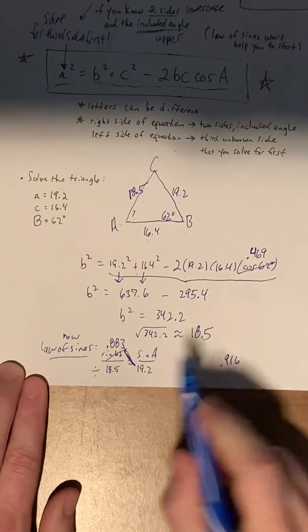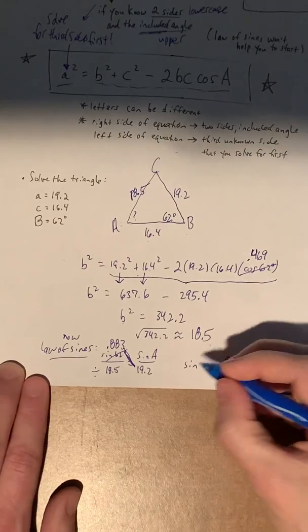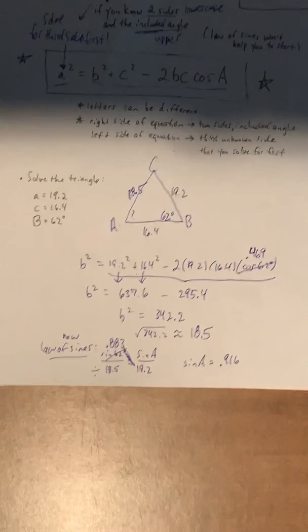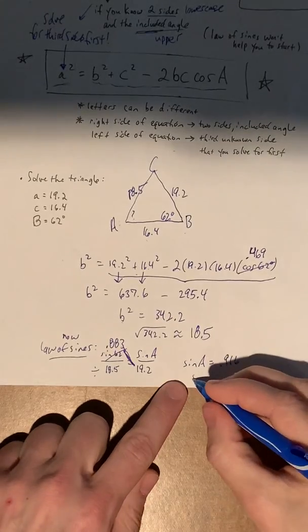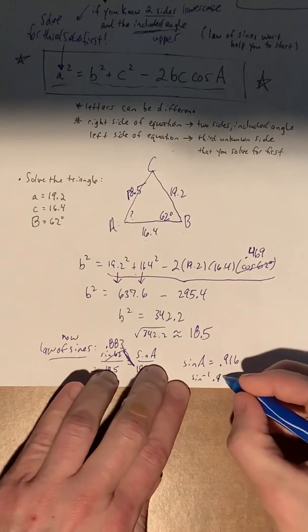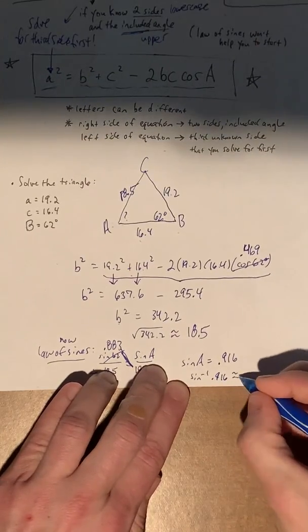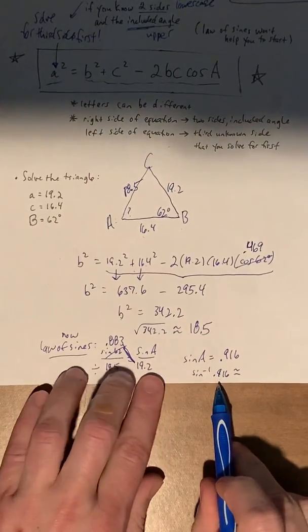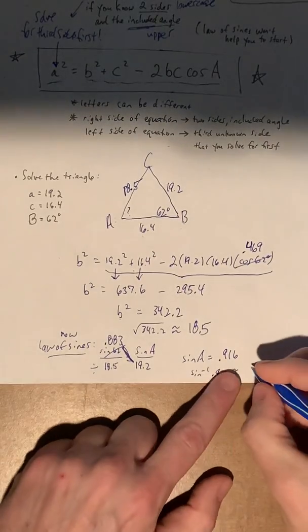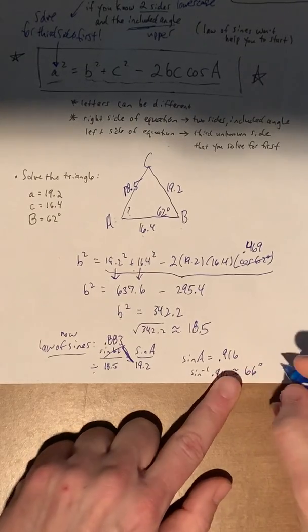And we set that equal to sine of A. And now we do inverse sine of 0.916. And we get the angle A. So inverse sine, 0.916, about 66 degrees rounded to the nearest whole number.